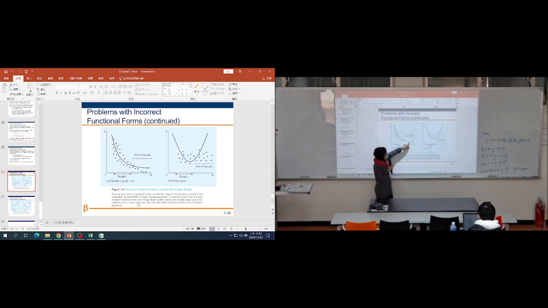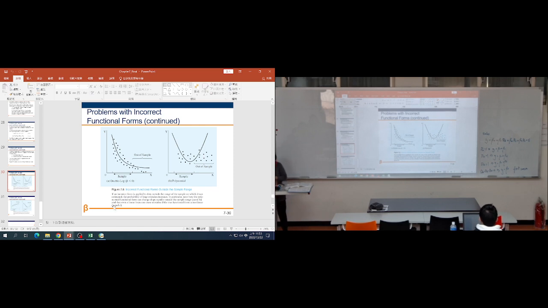So the deviation from the lines will be the forecasting error. If I have the double log, this is my forecasting error. And if I have polynomial, my original data is like this one, and I find out this is a polynomial, then the forecasting for polynomial in this area will be something like here, but the original data is here. So the forecasting error is bigger. This is what the diagram likes to show.